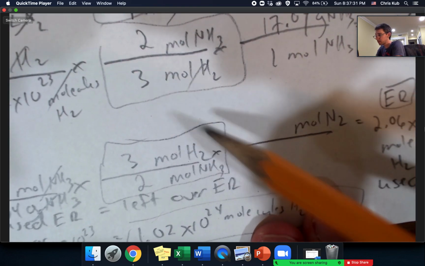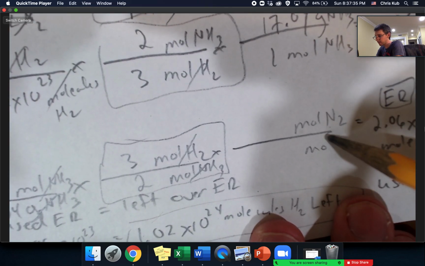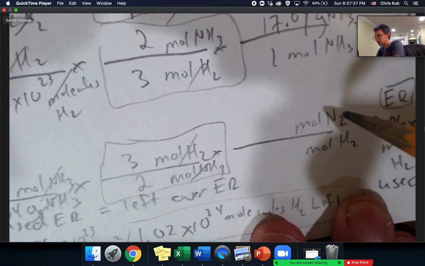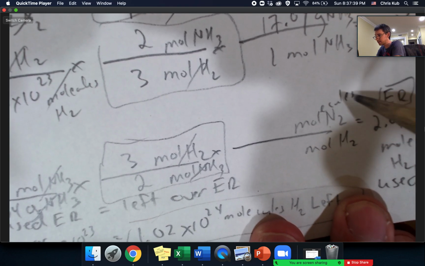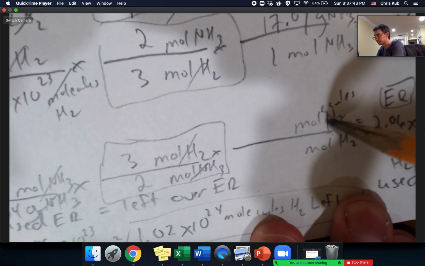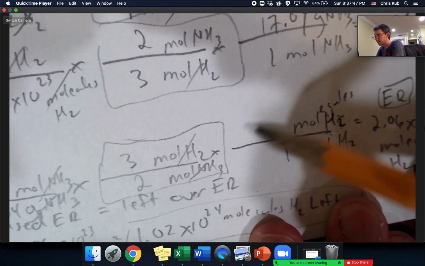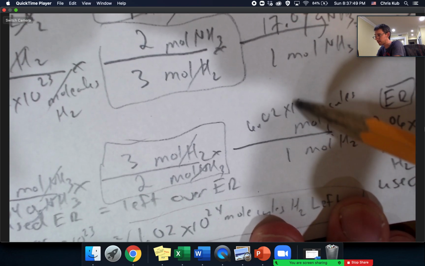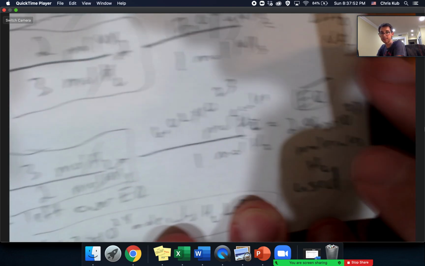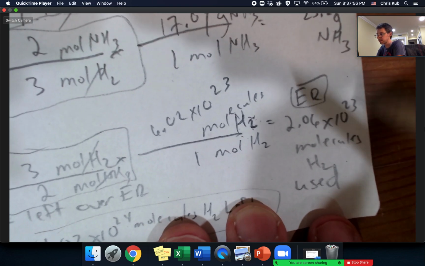And then to get out of moles of H2 and into molecules of H2, for every 1 mole of it, there's 6.02 times 10 to the 23 molecules of it. And so this is how many molecules of H2 would be used to make that theoretical yield.